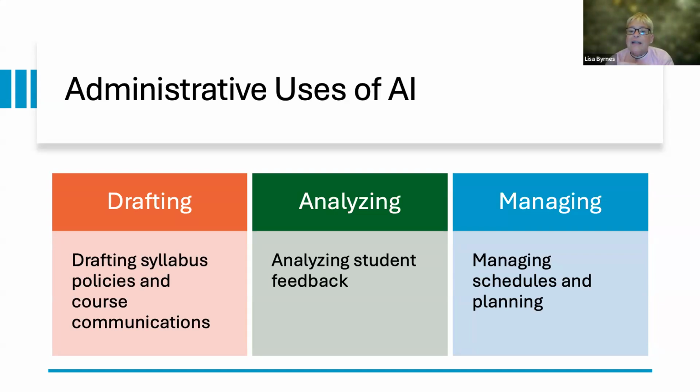It can even analyze student feedback. And these are all things that AI can do to help you be a little bit more efficient. It can also summarize qualitative comments from course evaluations or organize information from your current course to help you to improve the course for the next iteration of the course.